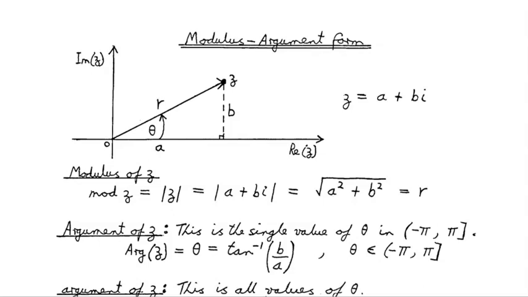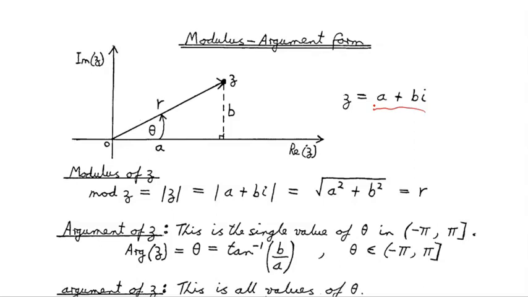With this video, we're going to look at the modulus argument form for complex numbers, or representing a complex number in its polar form. Now, the form that we have been representing complex numbers in so far, a plus bi, we call the Cartesian or rectangular form because it's reminiscent of a coordinate pair in the Cartesian plane.